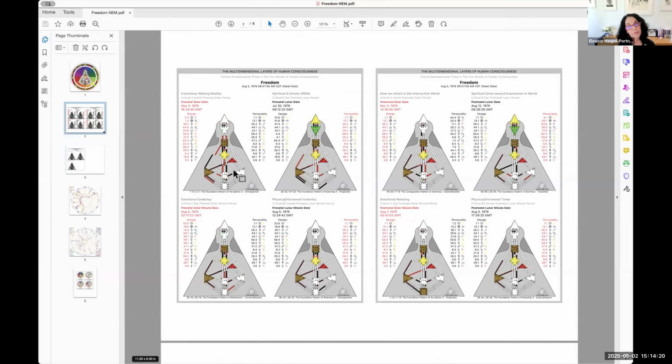Okay, so you go from having very open in all of your designs, except for the postnatal solar minute, which is the emotional world, through the 3828.